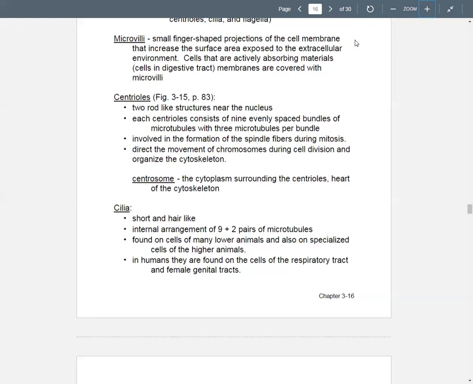These are found on cells. You see them in some lower animals. You also see them on some specialized cells in higher animals. Like some bacteria you might see them on, but you also see them in certain cells in humans, like the respiratory tract. That's to help move things away from those cells.